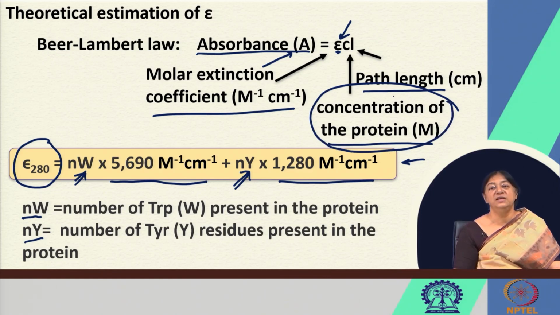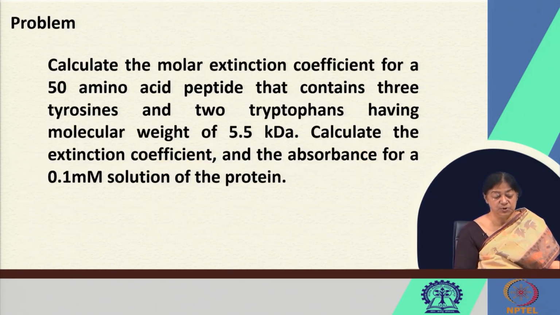This is a very important and very common calculation in any protein chemistry laboratory, because you have to determine the protein concentration in any experimental observation that you are going to make.